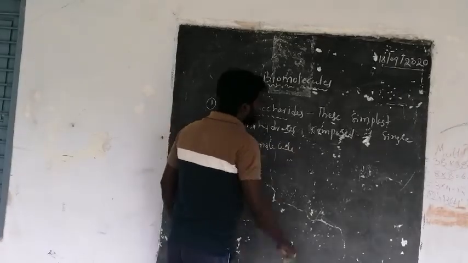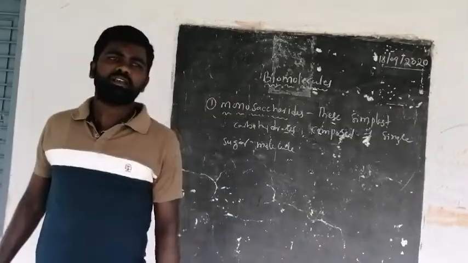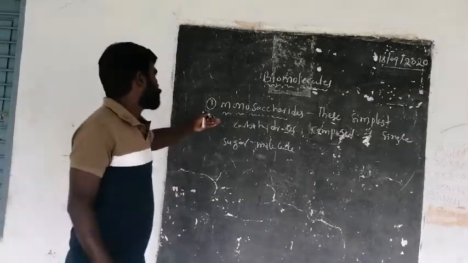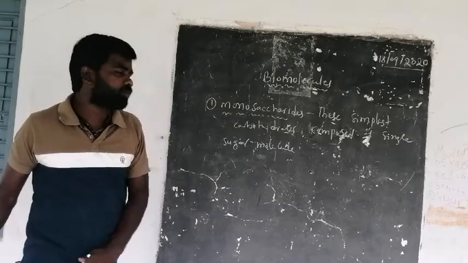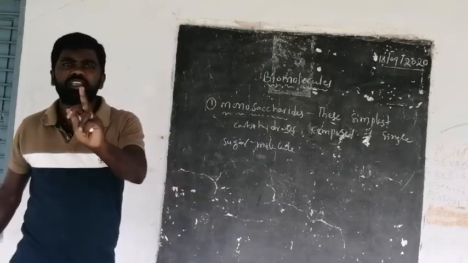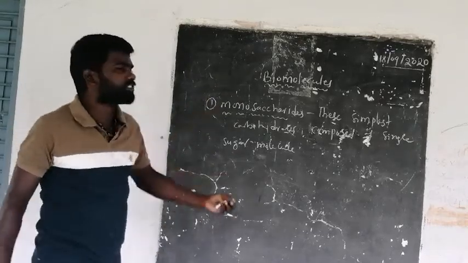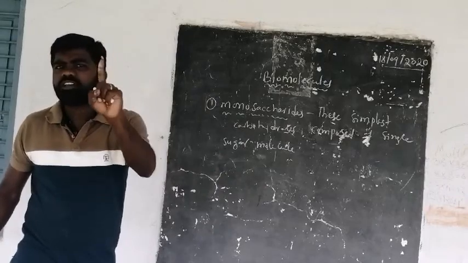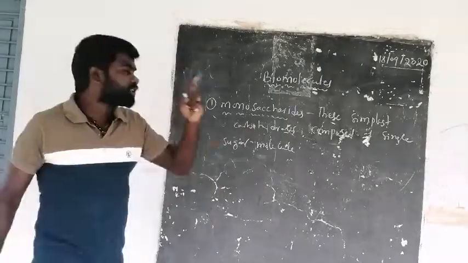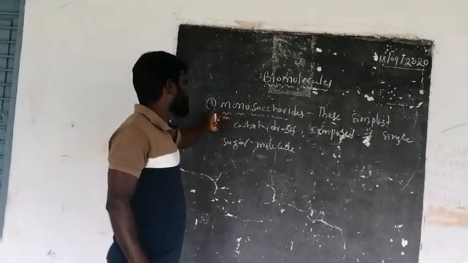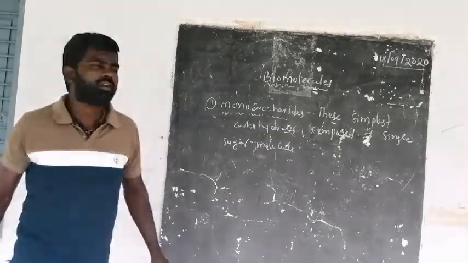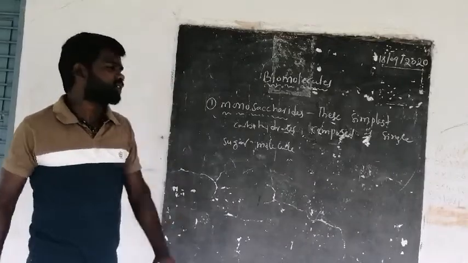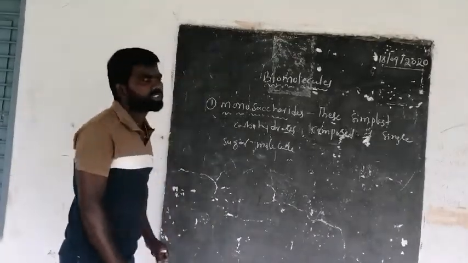They are composed of a single sugar molecule. Monosaccharides are the simplest carbohydrates composed of single sugar molecules. Mono means single, saccharides means sugars. Monosaccharides are composed of a single type of sugar. They are made up of a single sugar, and these are called monosaccharides.